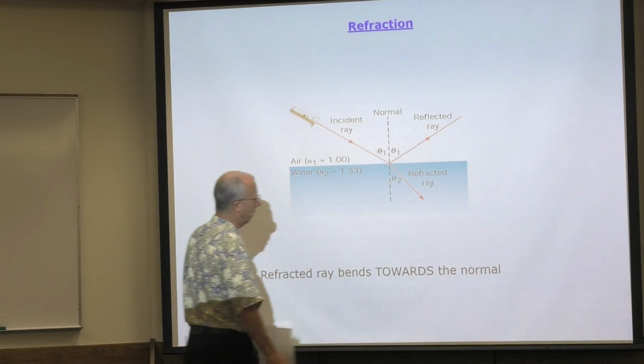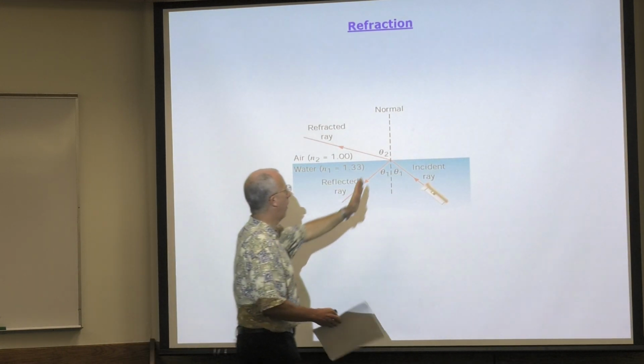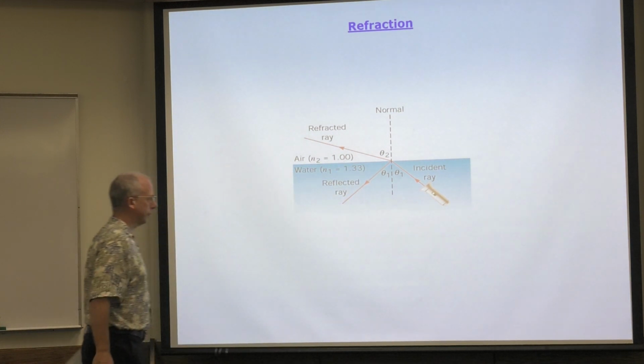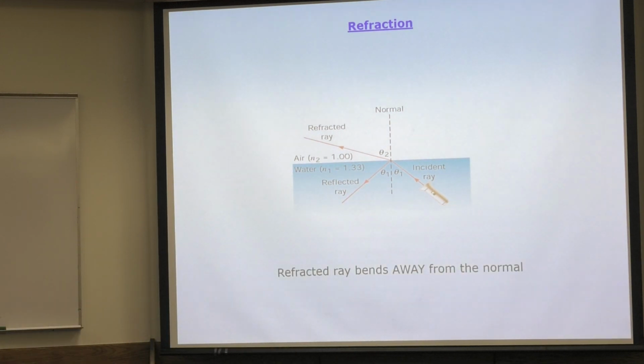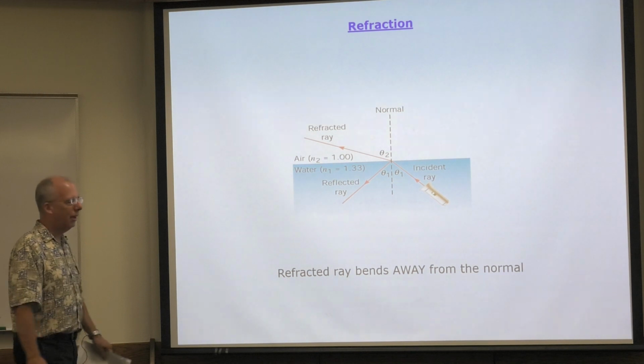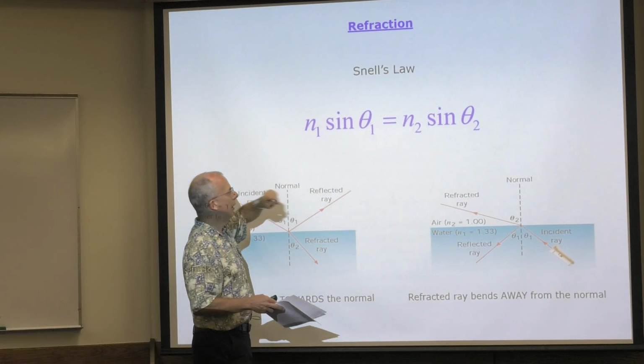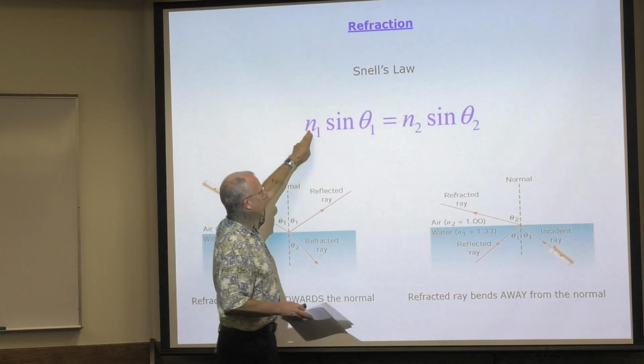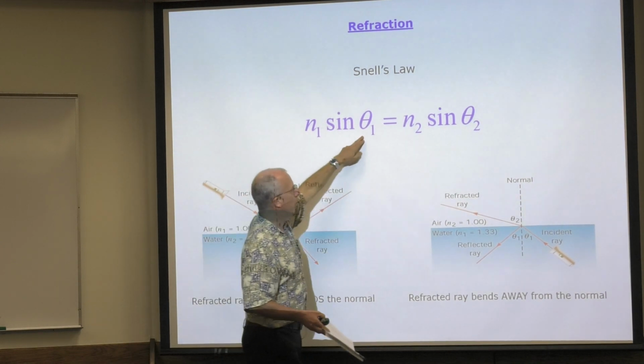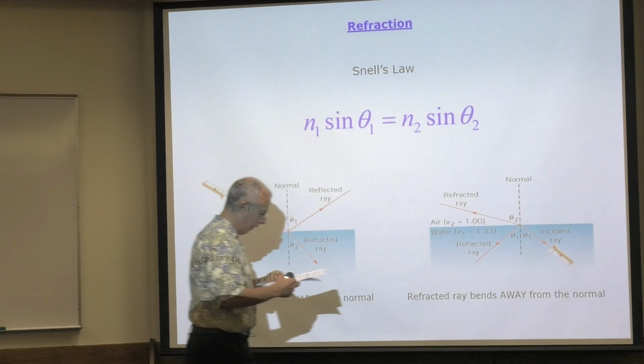But look at what this does. It bends away from the normal. What's the deal? All right. Well, how come? Well, this is all incorporated into what's called Snell's law. Remember, this is the index of refraction. So n1 sine theta 1 equals n2 sine theta 2. That's all there is to it.